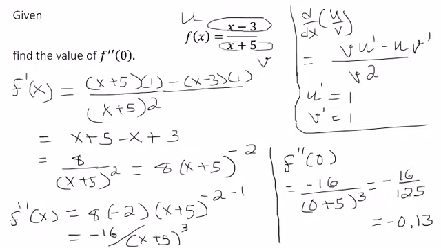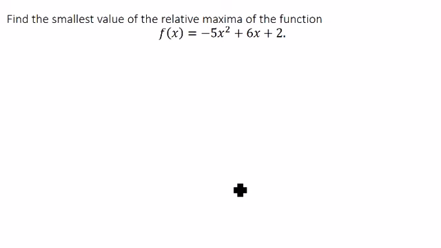Alright, our next question is to find the smallest value of the relative maxima of the function f of x equals negative 5x squared plus 6x plus 2. To find the relative maxima, we can use the first derivative test or the second derivative test. I'm going to use the second derivative test because I've already mentioned it in the previous example, so it'll be easier for us.